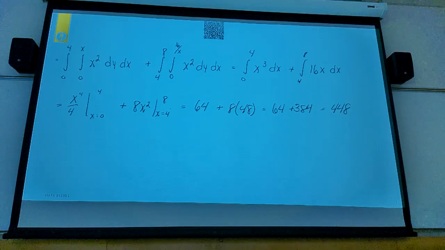So let's show how we should evaluate a double integral like this in Mathematica. You are still going to have to, as far as I'm aware, set up the iterated integral.